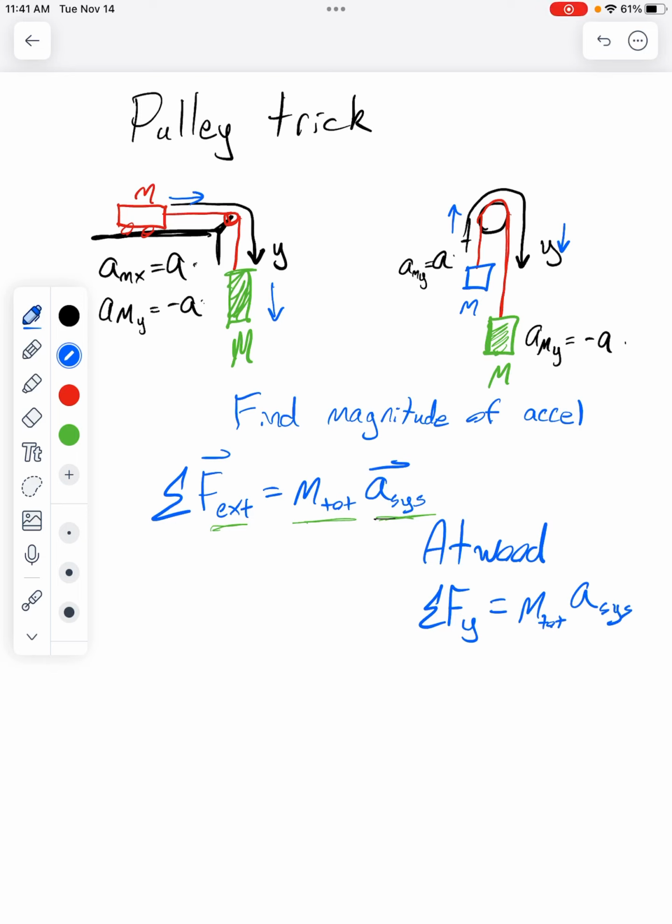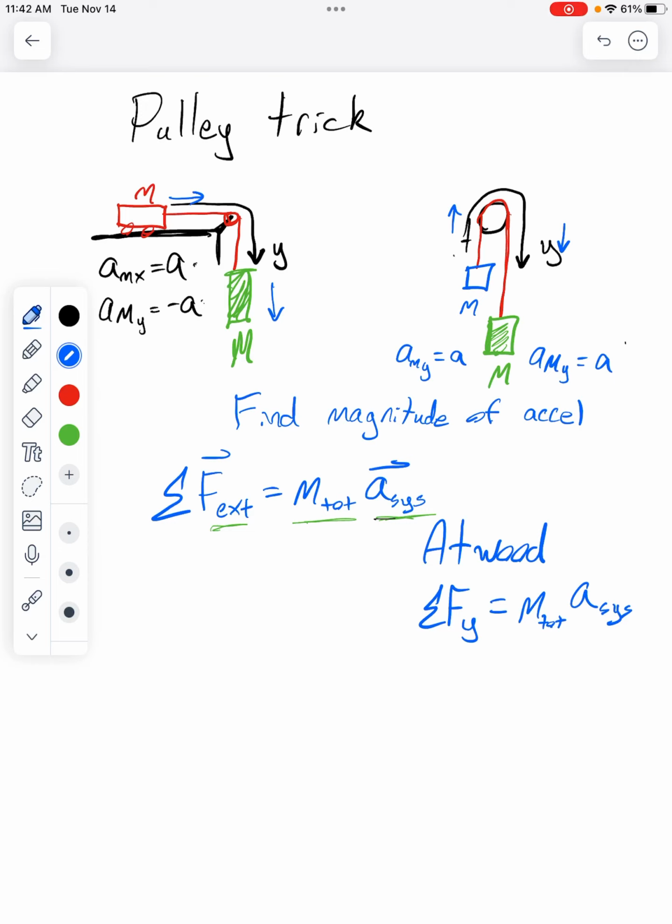And a great thing now is that the acceleration for every object in this is in the positive y direction. So in this coordinate system, a little m y is just a, and a big M y is just a. They've got the same acceleration.